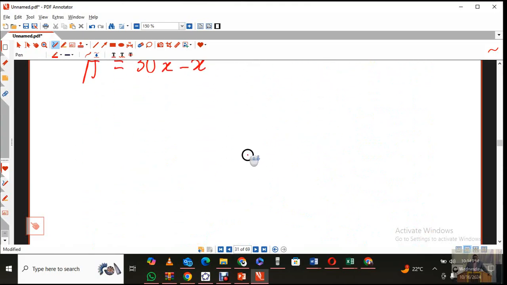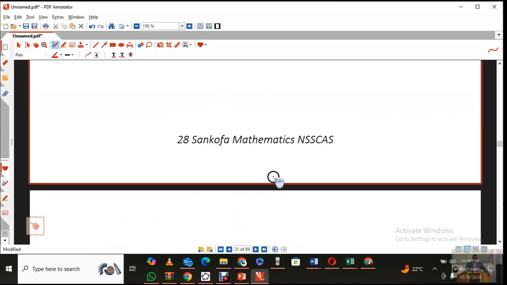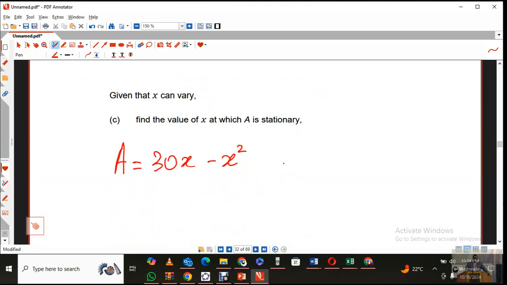Now, they're probably going to ask us something very similar. So let's just write down what the area is. The area is 30x minus x squared. When they say find the value of x at which A is stationary, we have got to do dA/dx equal to 0.